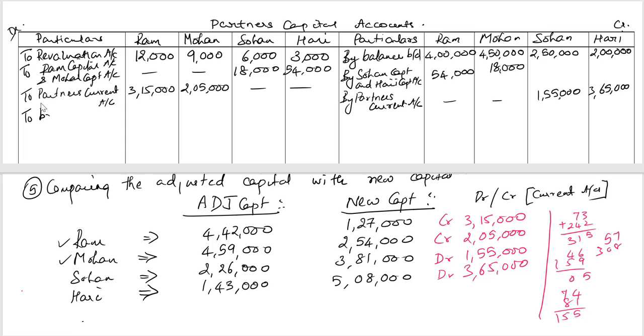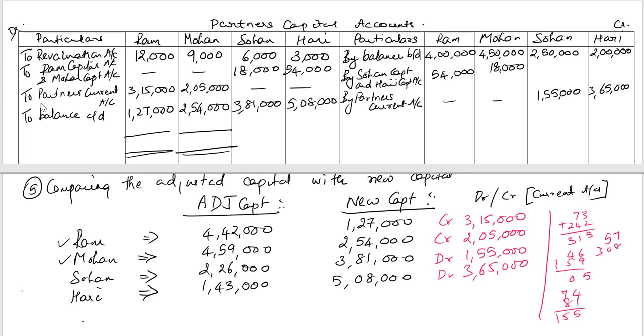Let's enter the new capitals of the partners as balance carried down. 1,27,000 rupees, 2,54,000, 3,81,000 rupees, 5,08,000 rupees. Now if both sides tally, then we know that our arithmetic is right. So let's check whether the debit side and the credit side for all the partners are tallying.